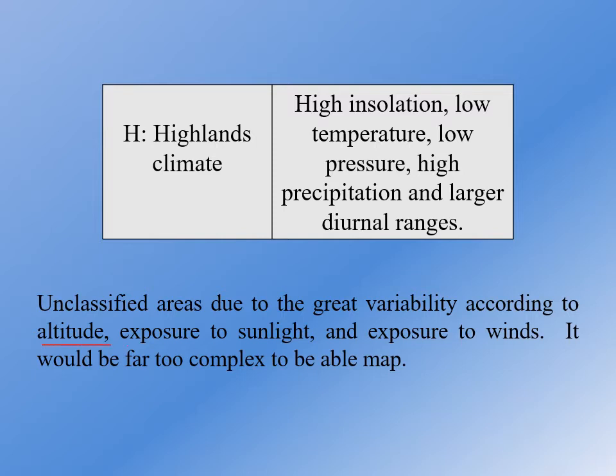So it would be far too complex to further subdivide these highland climatic conditions, because from our previous classes we already came to know that a single mountain range or a single hillock does not have all the climatic conditions similar in all the sites, all the altitudes, so thereby the climatic elements vary in different sites and different altitudes of those highland areas.